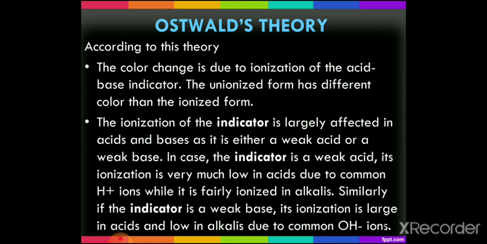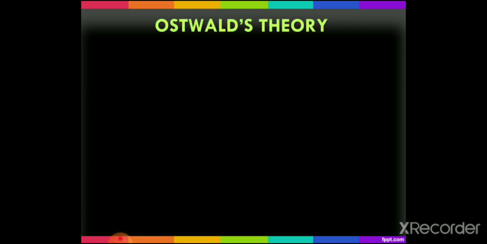In case the indicator is a weak acid, its ionization is very low in acids due to common H+ ions, while it is fairly ionized in alkalis. Similarly, if the indicator is a weak base, its ionization is large in acids and low in alkalis due to common OH- ions.